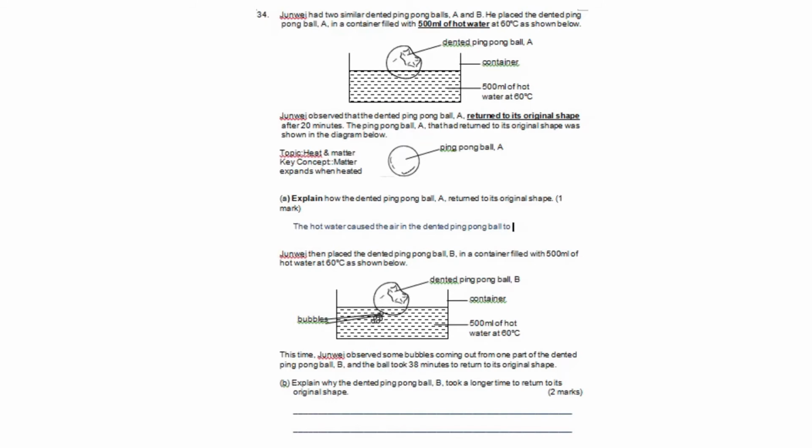The air in the dented ping pong ball is the matter we are referring to, because we say matter expands when heated. You cannot just tell me the hot water caused the air to expand. Which air are you talking about? You need to refer to the air in the dented ping pong ball. And you can't say expand first. What is it?